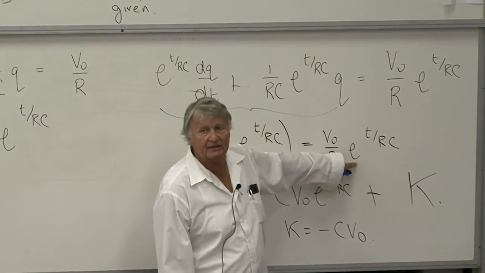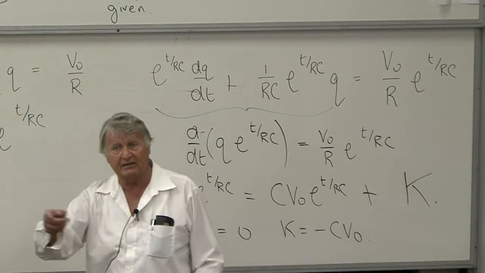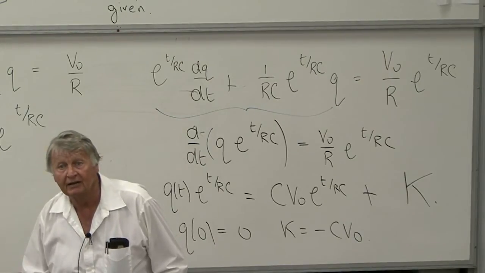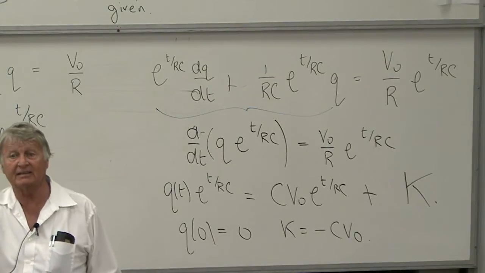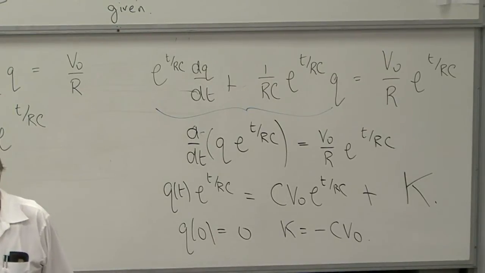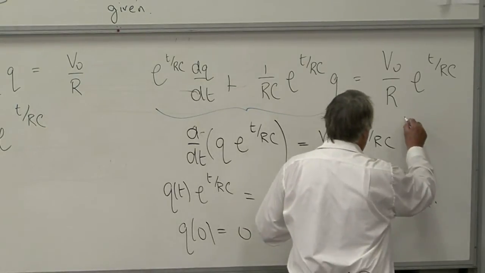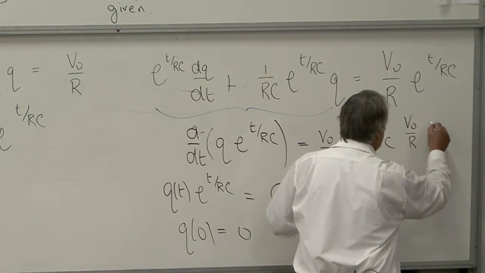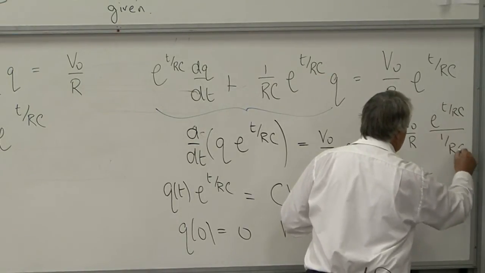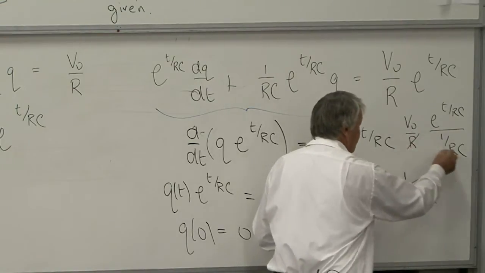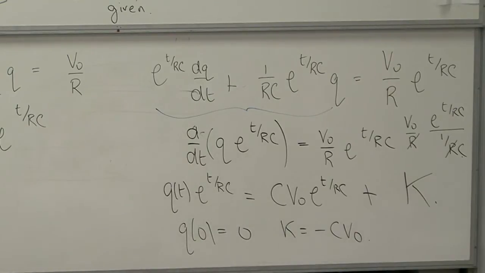The integral of e to the t over RC is equal to e to the t over RC divided by 1 over RC. The integral of e to the at is e to the at over a. So if I integrate this, I've got V naught over R times e to the t over RC over 1 over RC. The R's cancel, the C comes upstairs here. Okay.